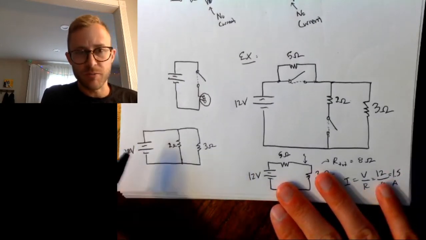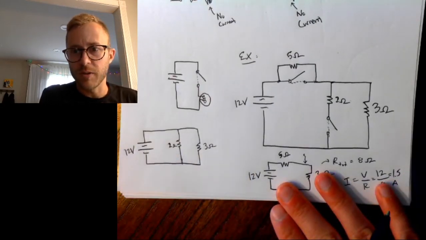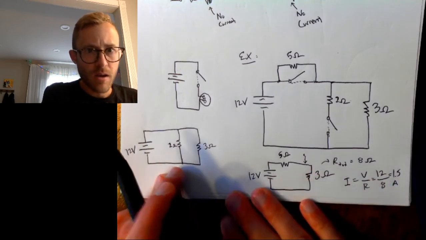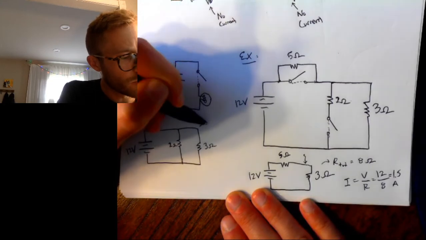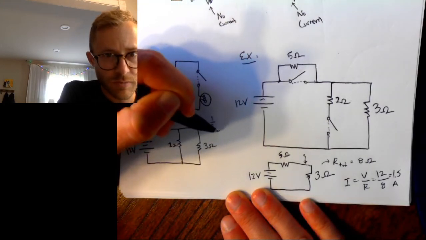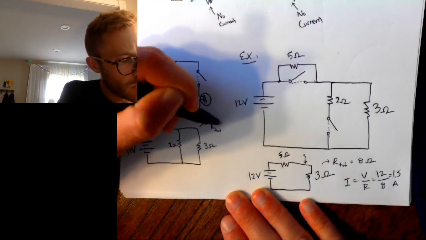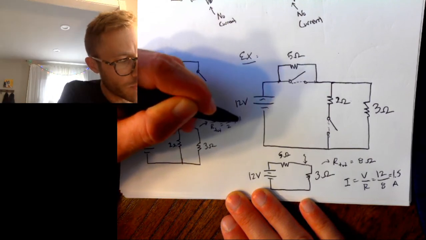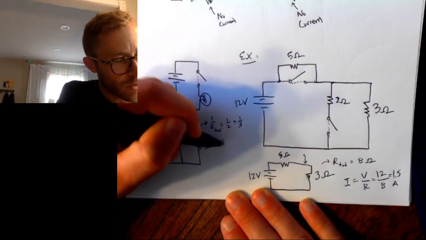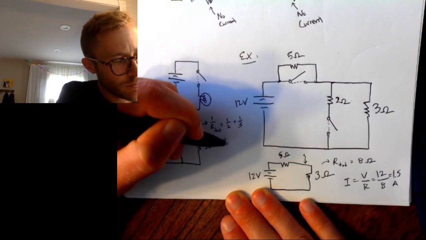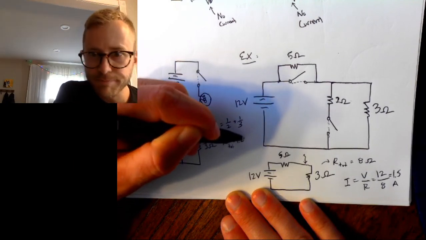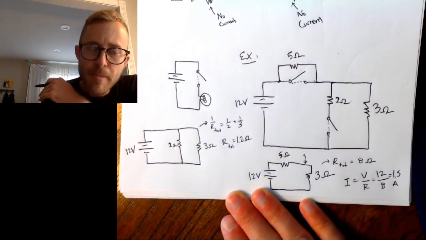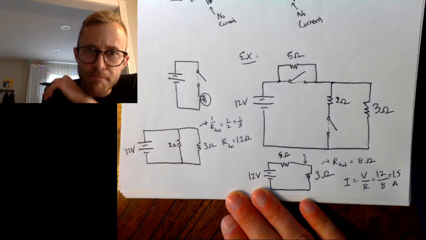I just redraw the circuit when it's open and when it's closed. So here you can see that 1 over the total resistance is going to be 1/2 plus 1/3. And that says that our total is 1.2 ohms. I believe that's right.